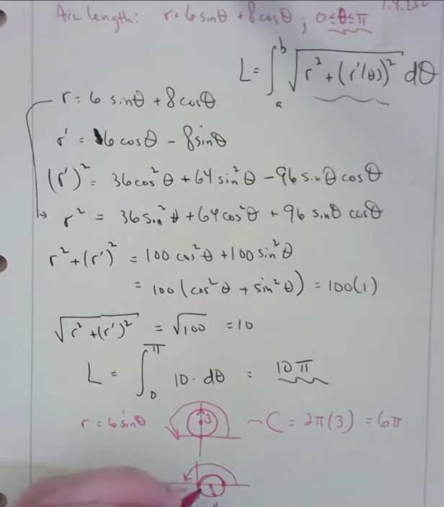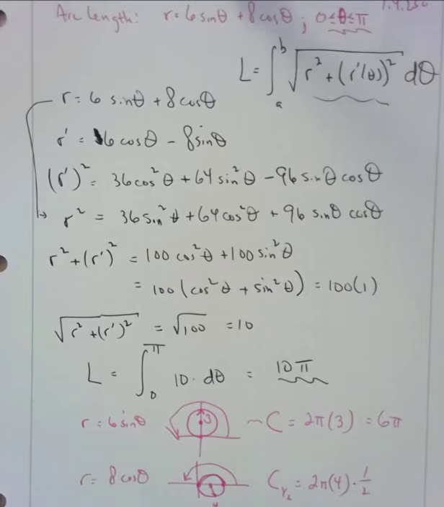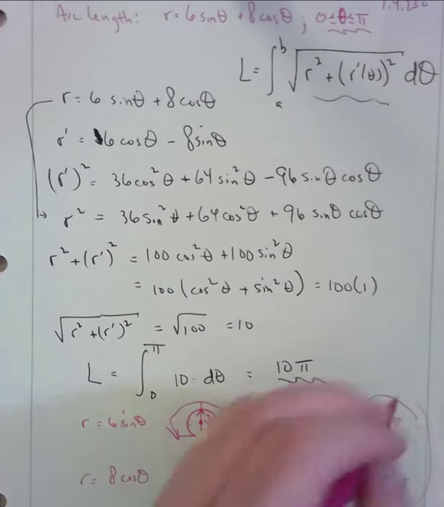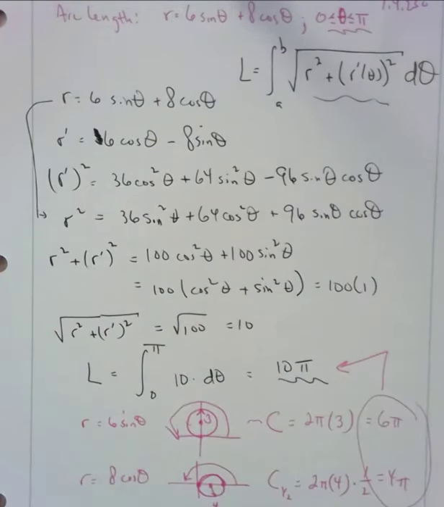That half of a circumference is 2 pi times the radius times 1/2. And that is 8 pi times 1/2, and that's 4 pi. So the net circumference of these two is the sum of those two things. And there's also how we could get our 10 pi.